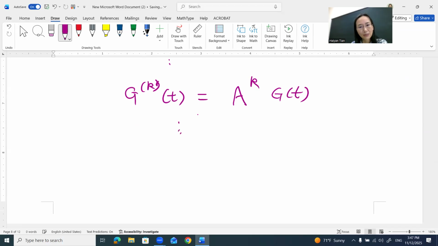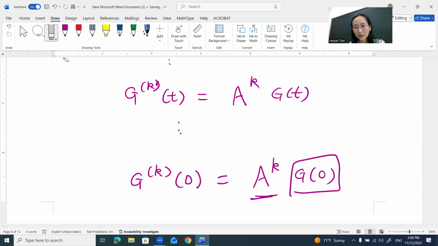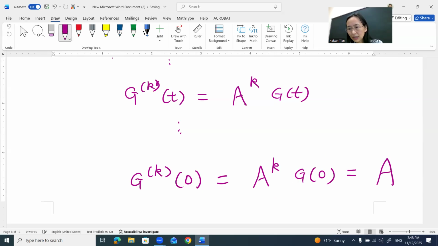Then we can evaluate the K-th order derivative of the fundamental matrix at 0, which is simply this times G at 0, and G at 0 is the identity. Identity times this is A to the K. That's the identity matrix for this part.